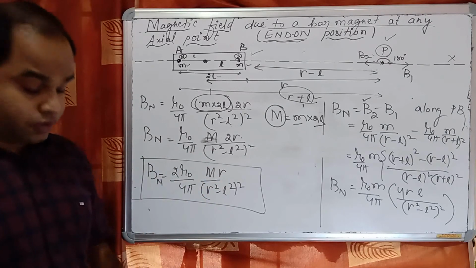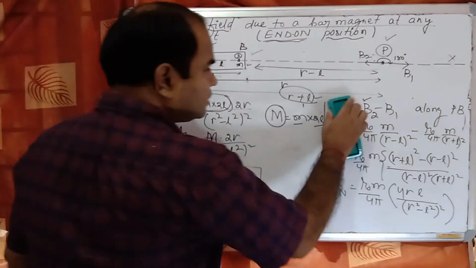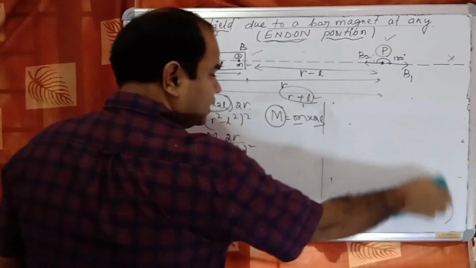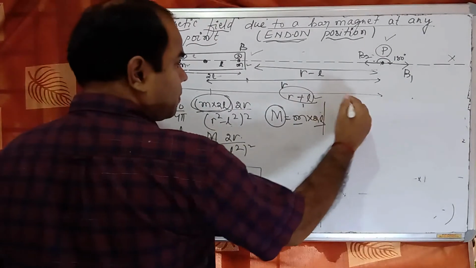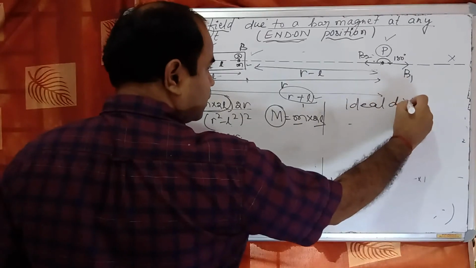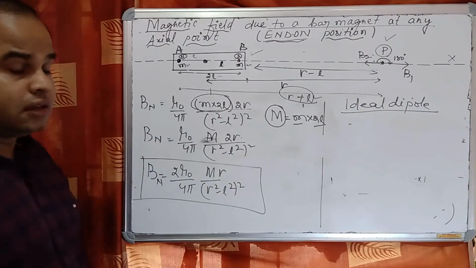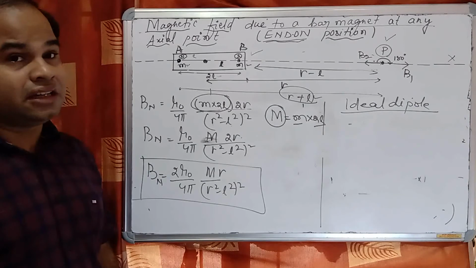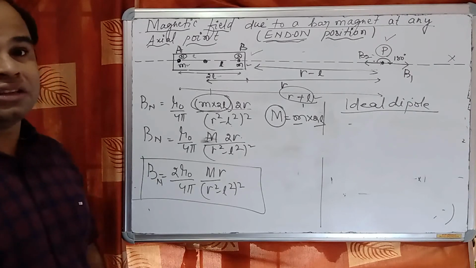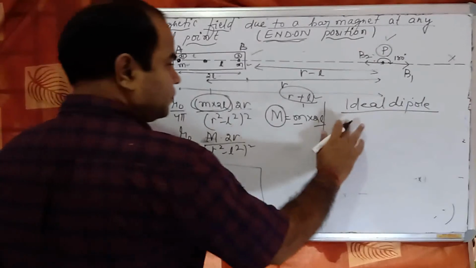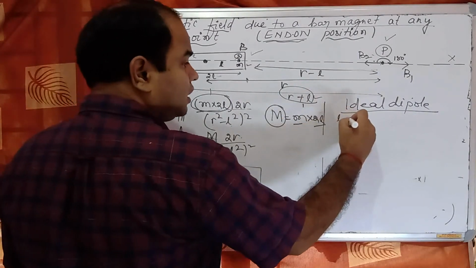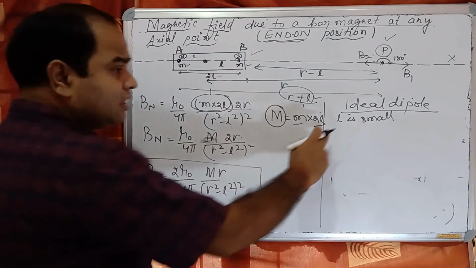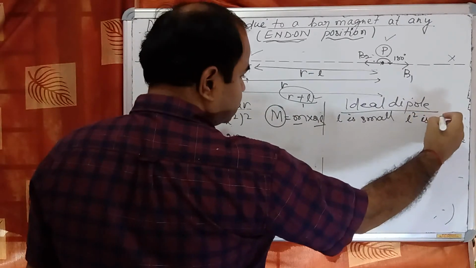Again, one more small thing: if the bar magnet is an ideal dipole, then the ideal dipole length is very small. So if it is an ideal dipole, L is small, and if L is small, L square is very small.